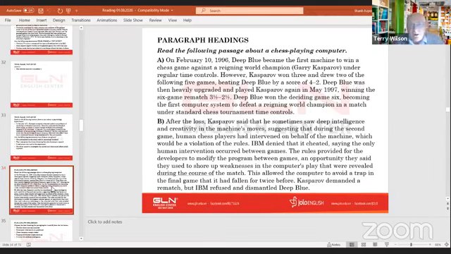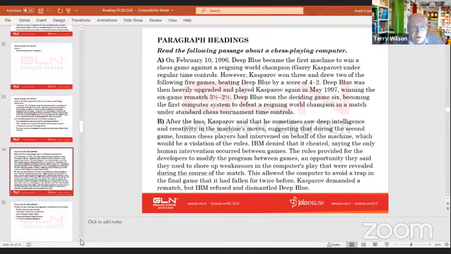Here we have 2 paragraphs about a chess-playing computer. So again, I'll give you a short while to read that. And then we'll look at the questions.